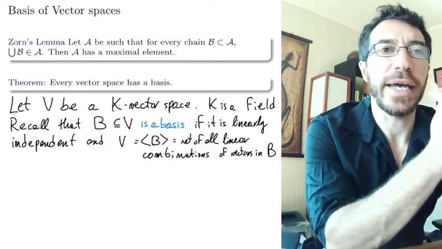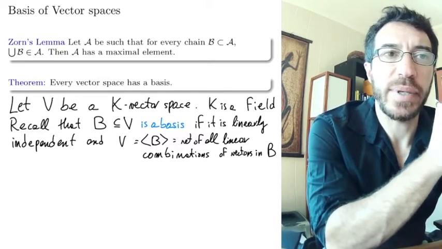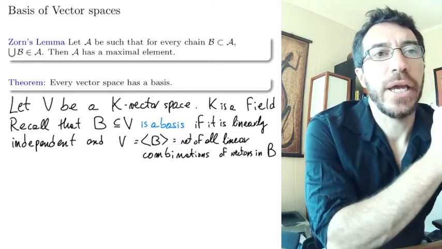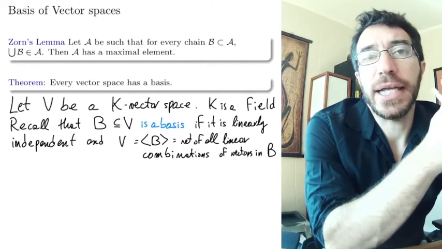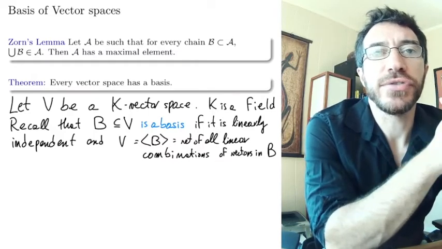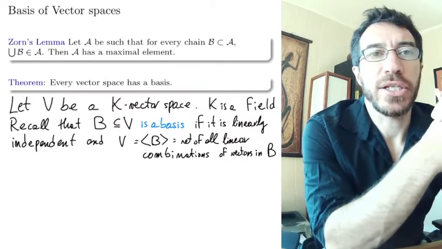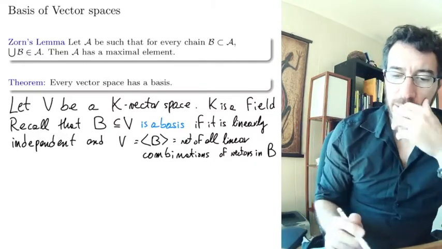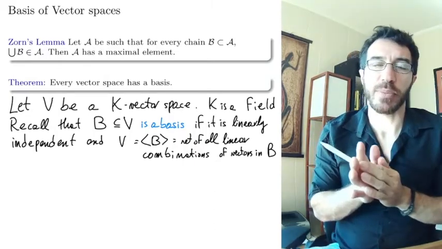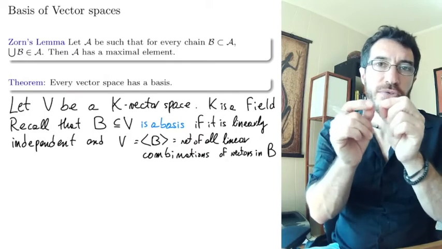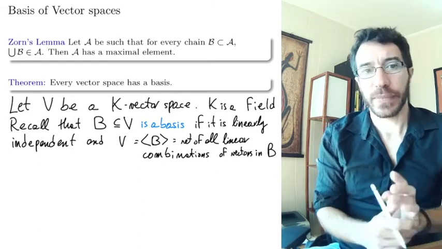It's linearly independent and every element of the whole space can be written as a linear combination of elements in the basis B. Another characterization of basis is that every element of the whole vector space V can be written in a unique way as a linear combination of vectors in the basis, and that's because of the linear independence. You get uniqueness from the linear independence, and that's why bases are so important, because they give you a representation of each vector in terms of the ones in this basis in a unique way.